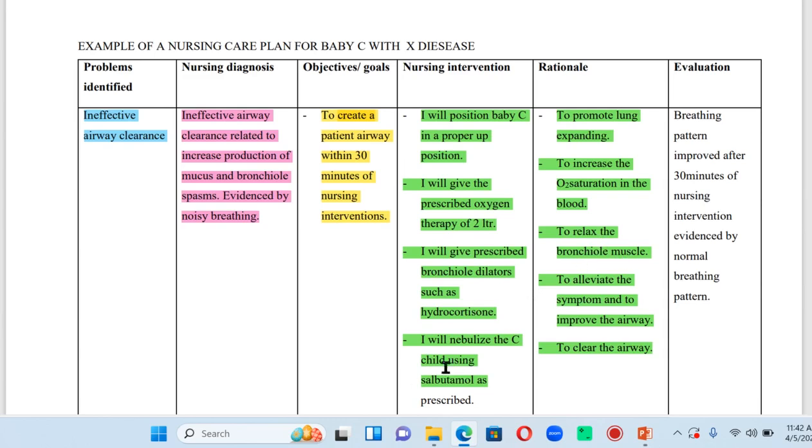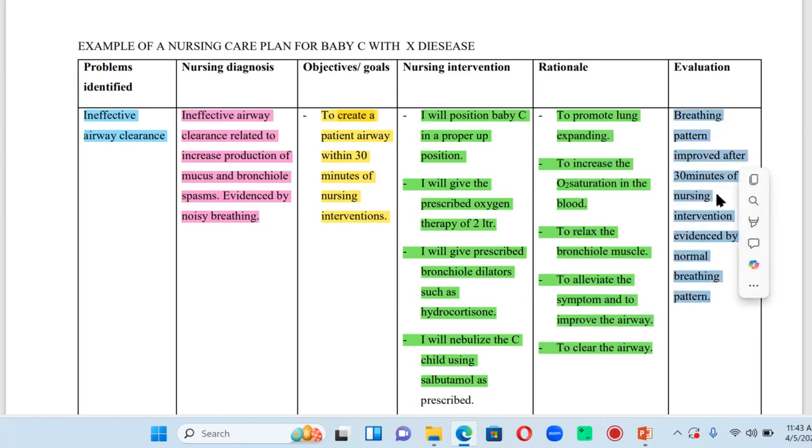I will nebulize the baby using salbutamol as prescribed. Why? To alleviate symptoms and to improve the air. So you've seen that the interventions are marrying with the rationales, isn't it?